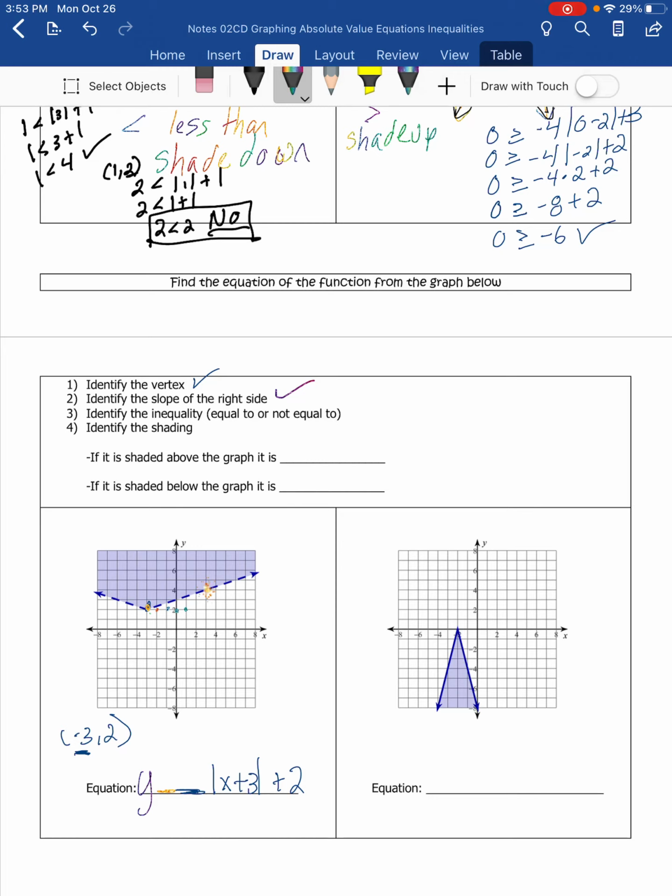So to get to this point right here, let's say we go 3 over and up 1. So 1, 2, 3 to the right and up 1 to get from one point to the next on the graph. So my right side slope is going to be 3 over 1.